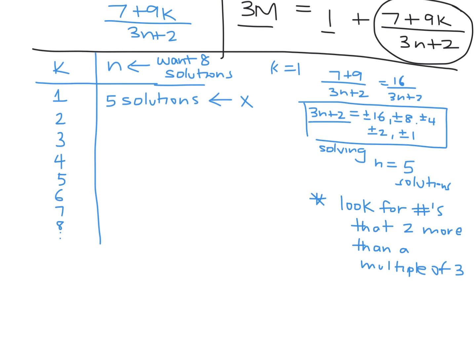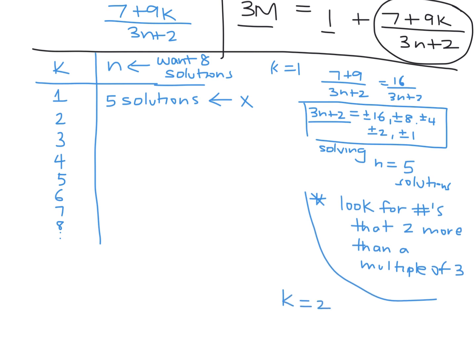For example, 8 would be 2 more than a multiple of 3. That's why you can quickly get an integer solution, whereas some of the others are not 2 more than a multiple of 3. Instead of having to manually do all these, you can quickly do it in your head if you look at that. Okay, so similarly for k equals 2, k equals 3, you do the exact same thing.